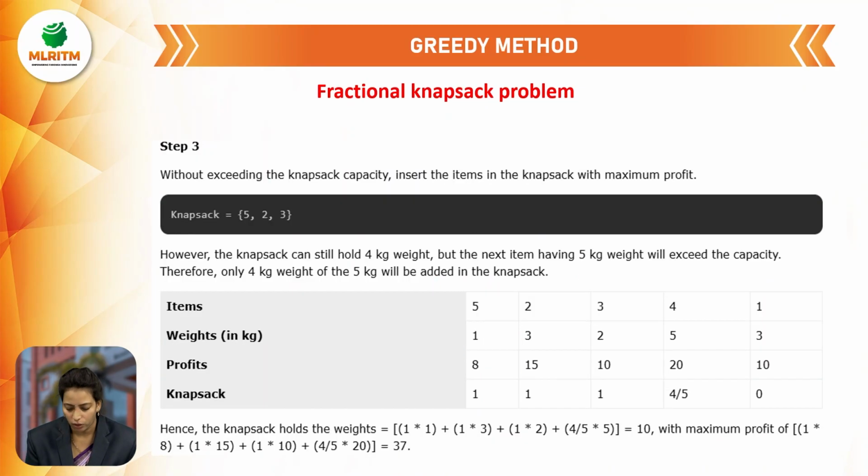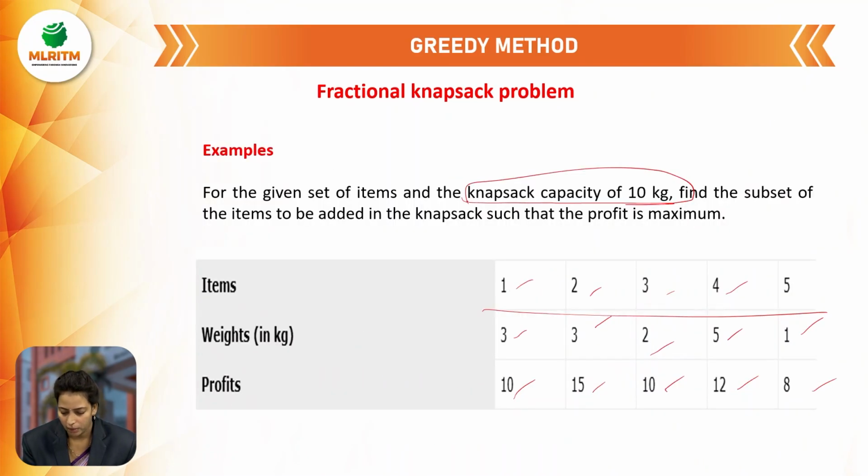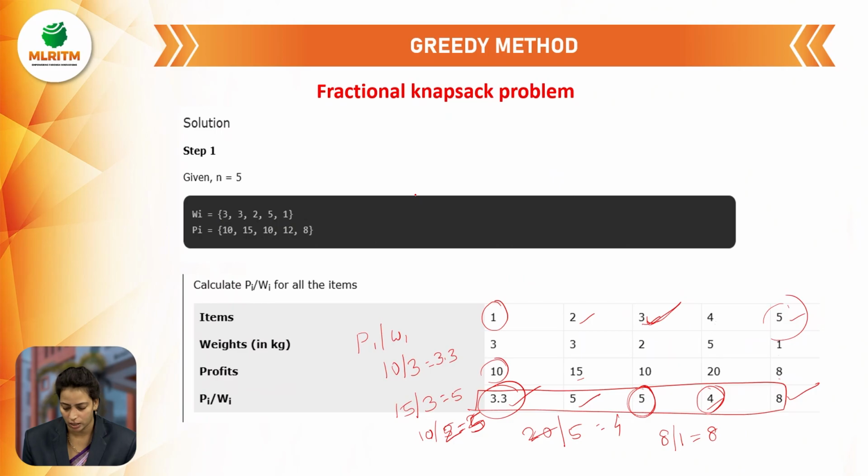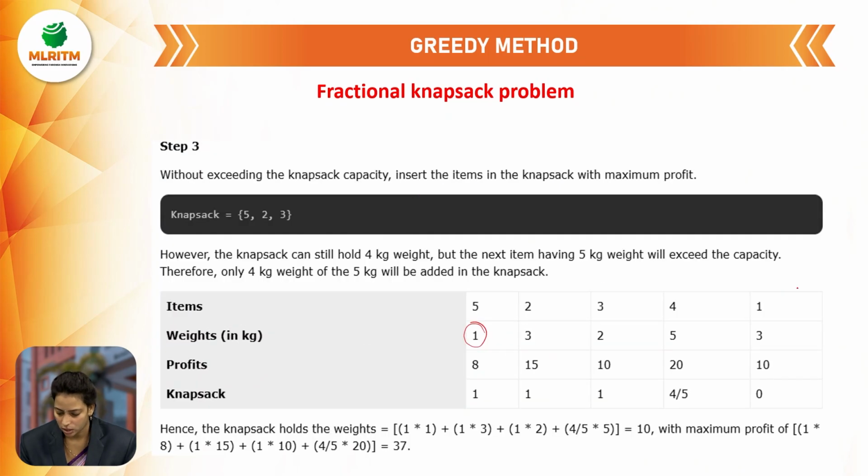So what is the weight of the first one? 1 kg. Right? So total in this example, knapsack capacity is 10 kgs. First item, we consider 1 bag, right? So total we are having how many items? 5 items, right? So first we consider first item.